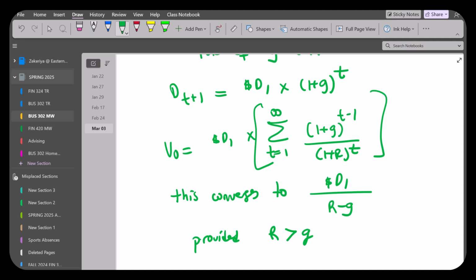If the growth rate is greater than the discount rate, that summation actually explodes into infinity. It doesn't converge anywhere.